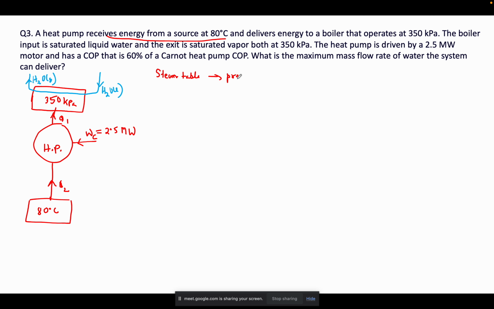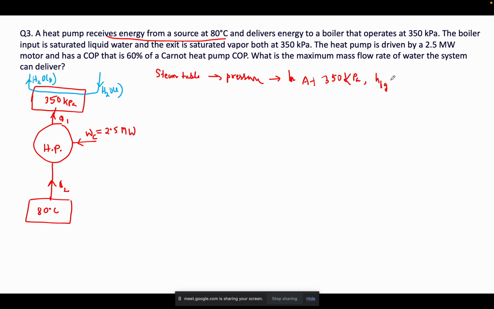Why? Because for this phase change, the pressure is 350 kilopascal, and we have to check the amount of enthalpy change when it changes from saturated liquid to saturated vapor at 350 kilopascal.